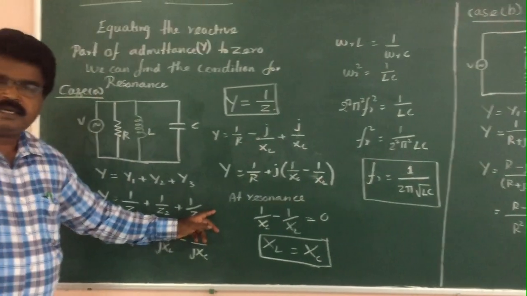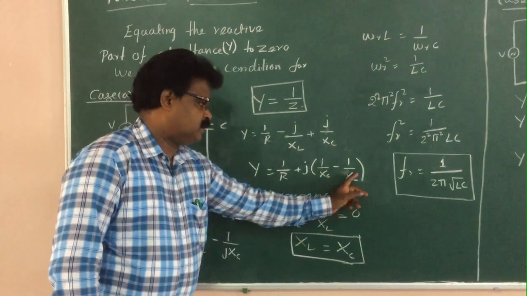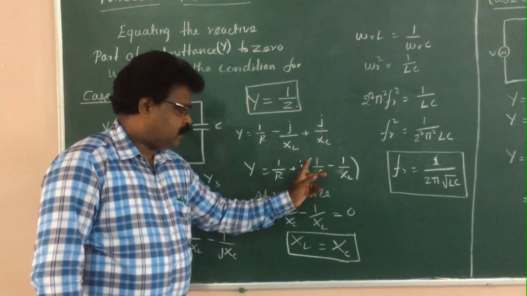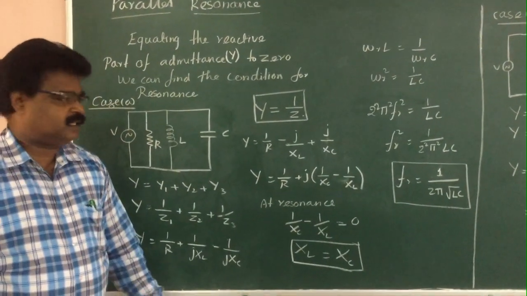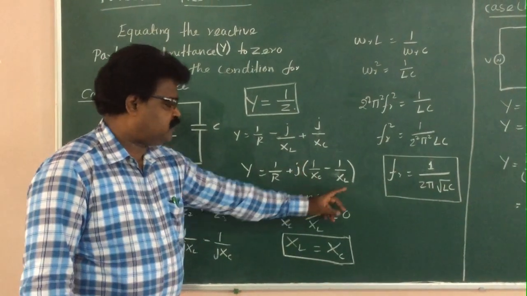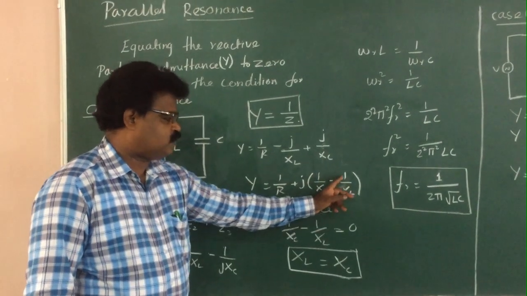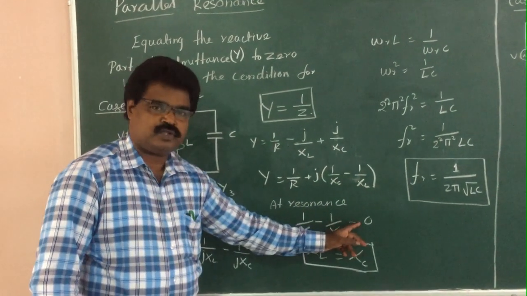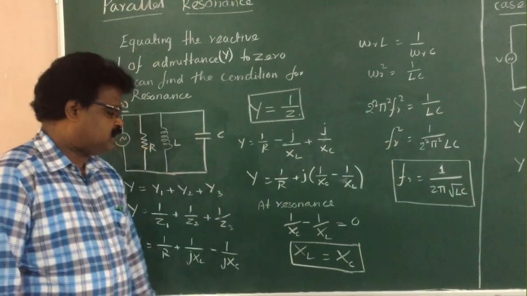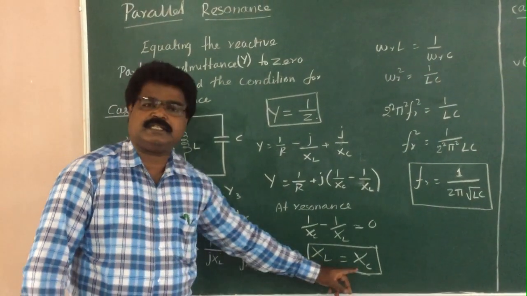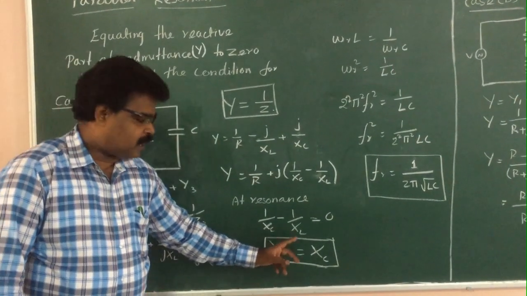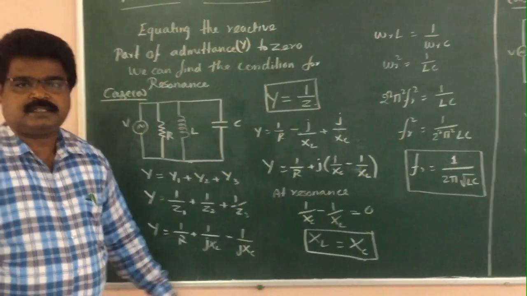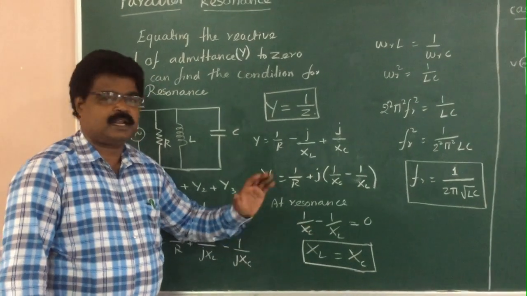At resonance, the j component is equal to 0. That is the condition. So the j component, 1 by XC minus 1 by XL, is equal to 0. If you cross multiply, XL is equal to XC. This is the condition for resonance in a parallel circuit.